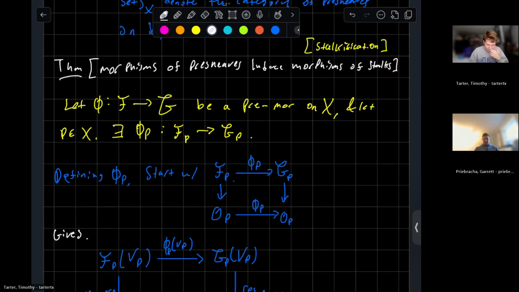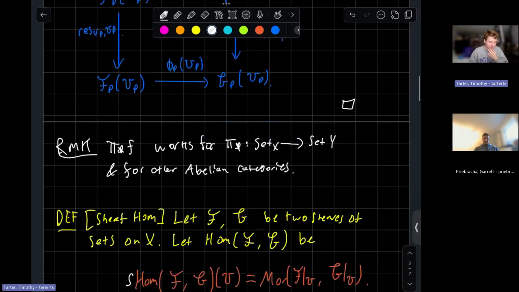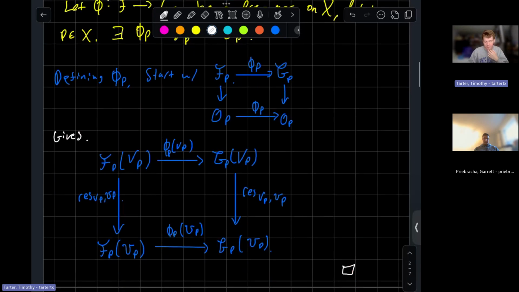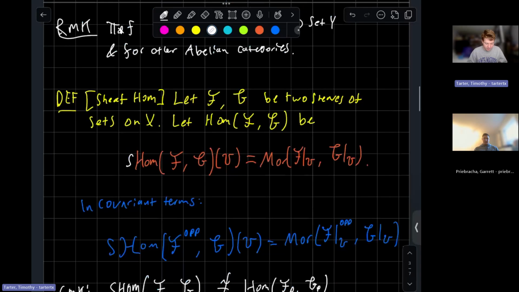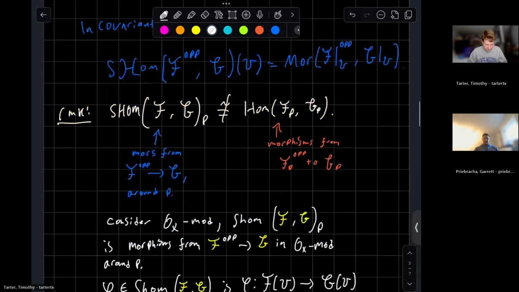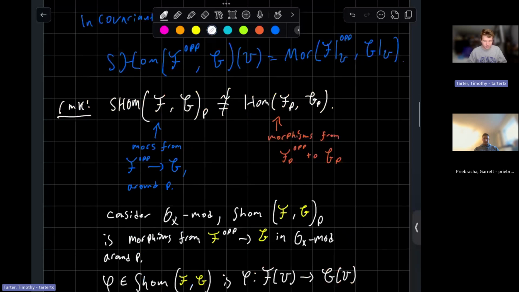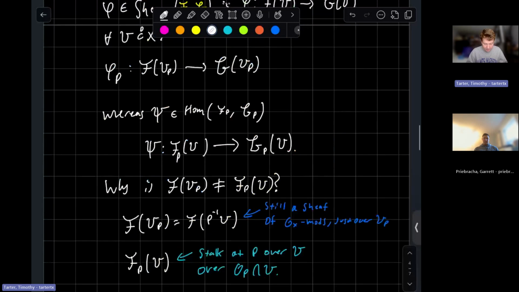This makes sense specifically on OX modules because we've just been talking about the localization thing. And in terms of this not being equal, we actually did totally have it right.